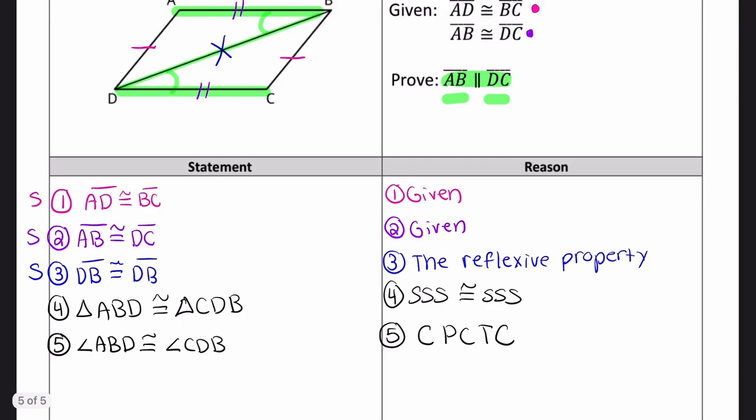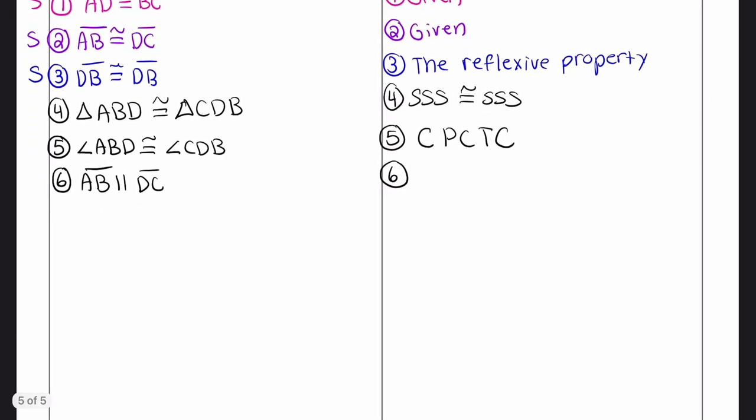And now I can actually state that those two lines are parallel. AB is parallel to DC. And the reason for that is that long-winded reason, but again, it's a lot of words, but it is very straightforward.